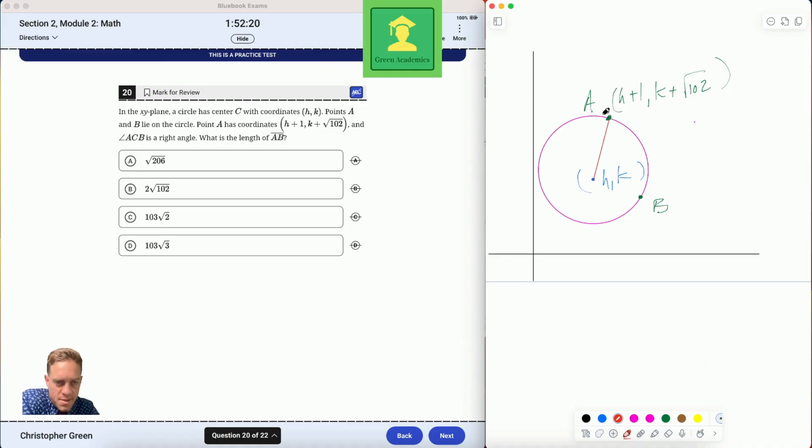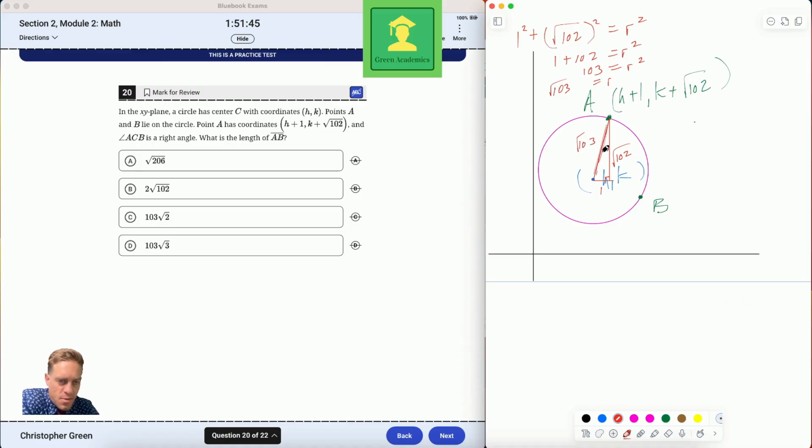Because, of course, the radius is the distance from the center to point A. So I'm going to make that a right triangle calculation for the distance calculation. So you go right by 1 and up by radical 102. So it would have been 1 squared plus root 102 squared is the radius squared. So 1 plus 102 is the radius squared. So the radius is the square root of 103.